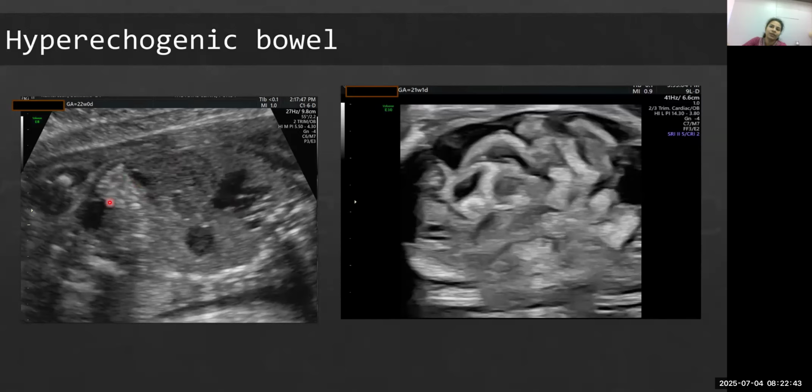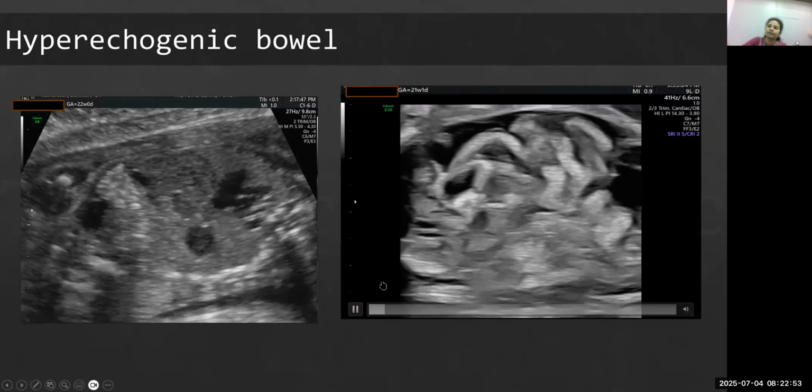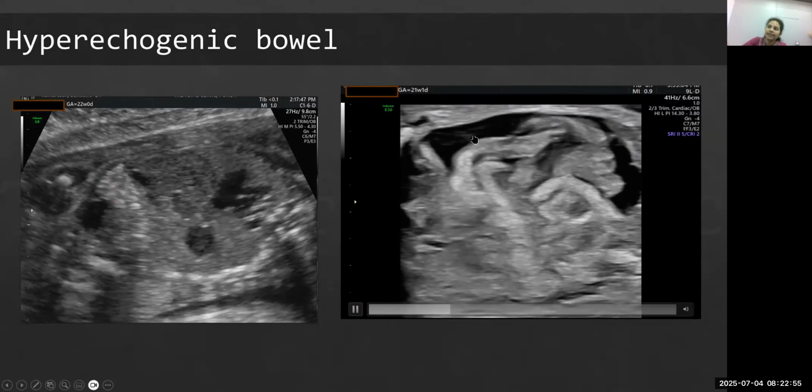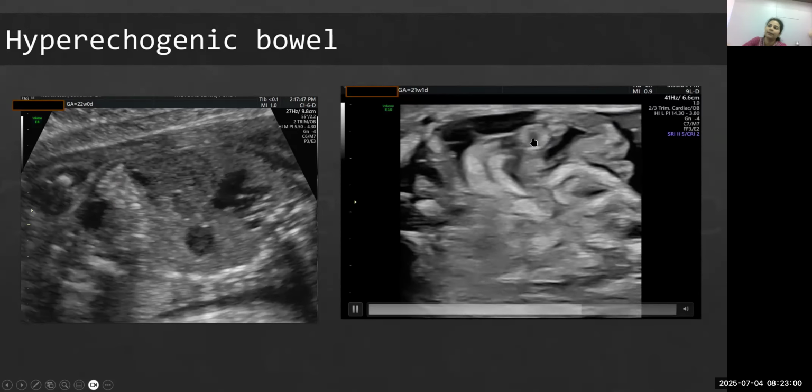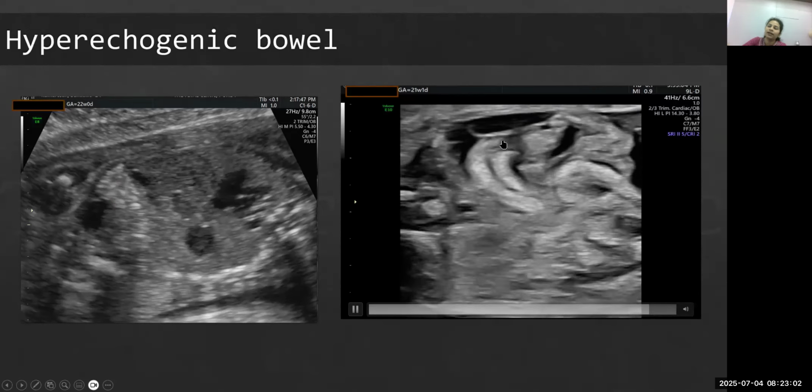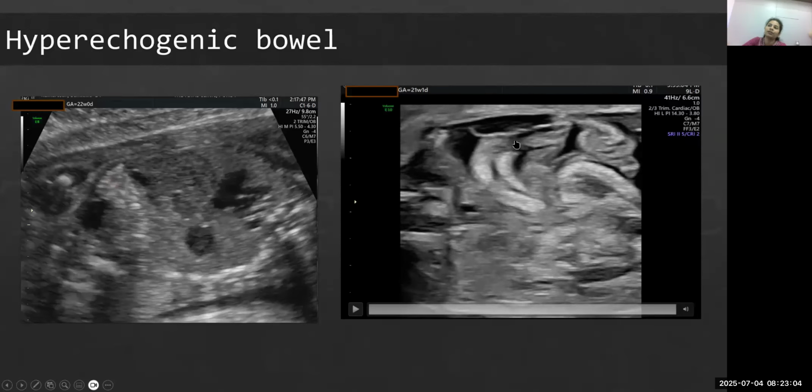Here we can see the hyperechogenicity in the bowel area. In this clip, we can see there is fluid collection and hyperechogenicity with some echogenic material filling the bowel loop, and we can see the peristaltic movement also.